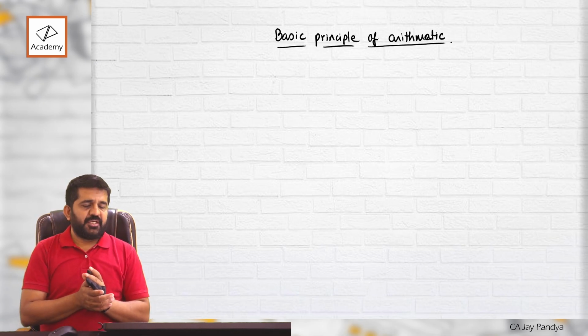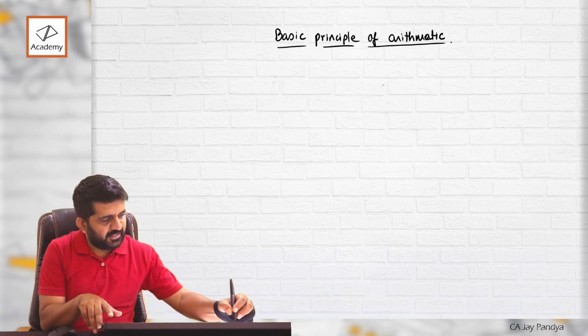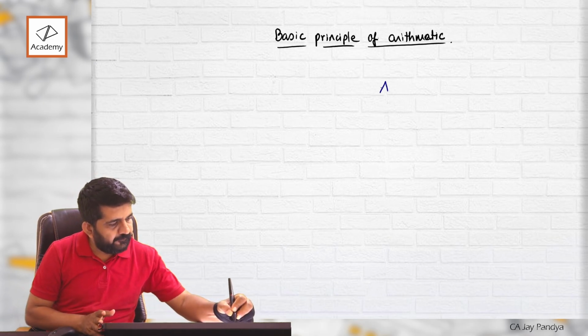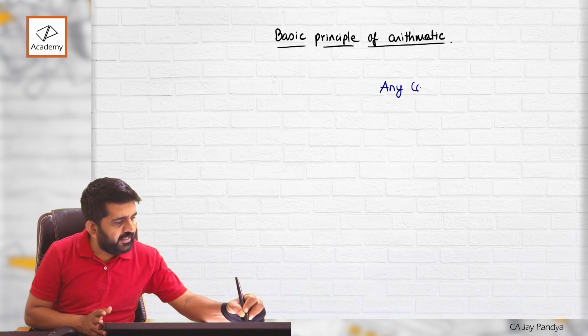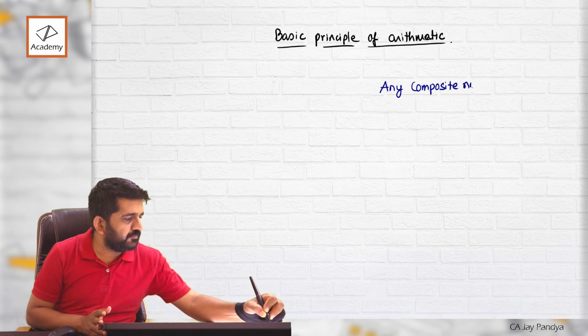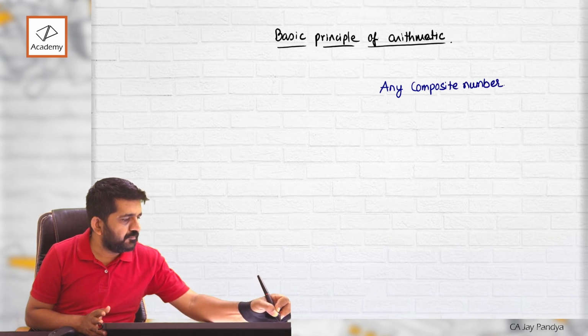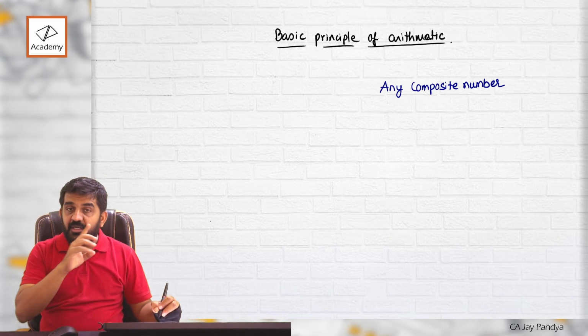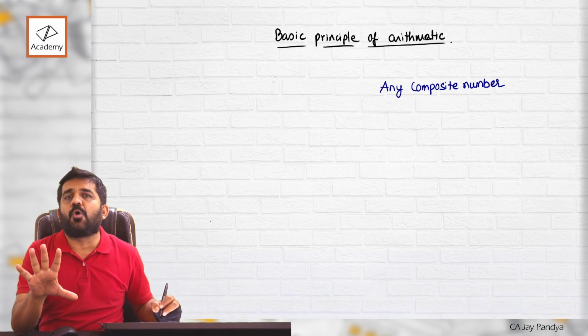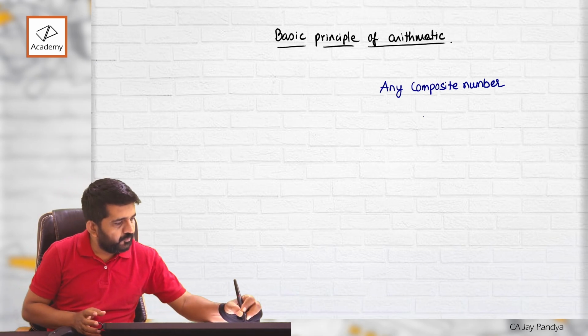What is a magic? What does this rule say? Understand. Any composite number, let me start with the smallest composite number, which is 4.